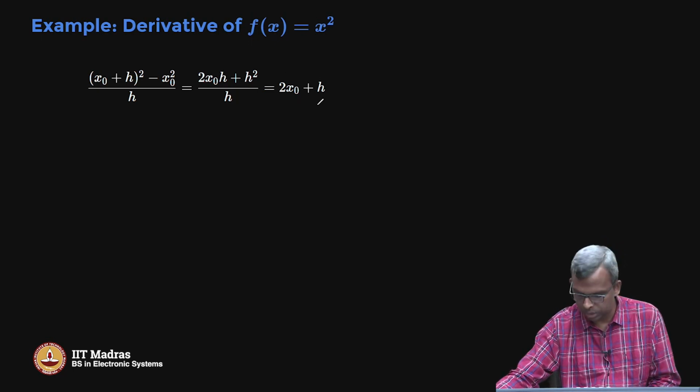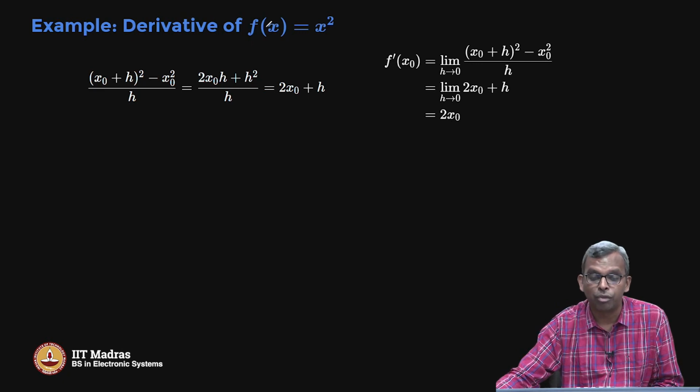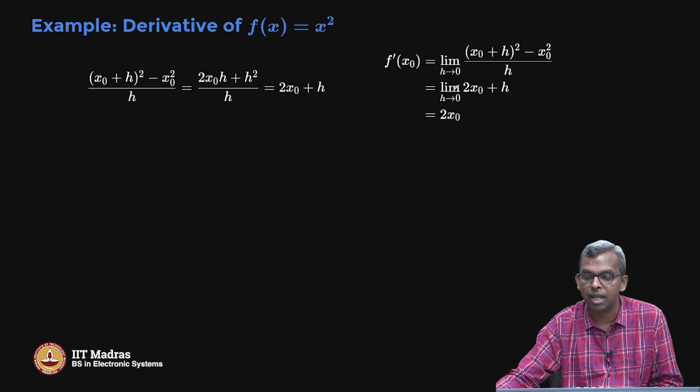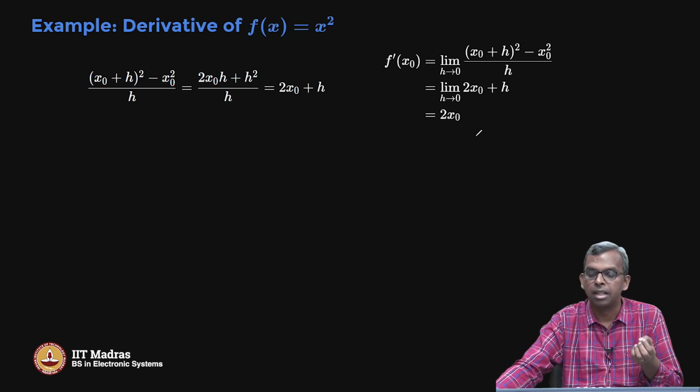Once you see this, it is very easy to write the derivative of f at x0 as the limit as h tending to 0 of this, which is the same as the limit as h tending to 0 of 2 x0 plus h, and that is just 2 x0. Look at that, we are able to easily use the definition and compute the derivative of a function.